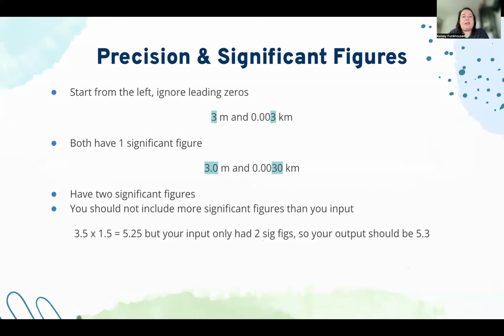Now, significant figures. In determining how many significant figures are in a number, you start from the left and ignore leading zeros. So 3 meters has 1 significant figure, and so does 0.003 kilometers. We are ignoring the leading zeros in this, and the only significant figure is this 3 in both of these.